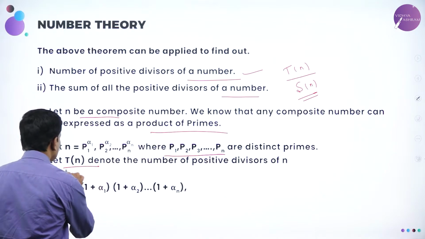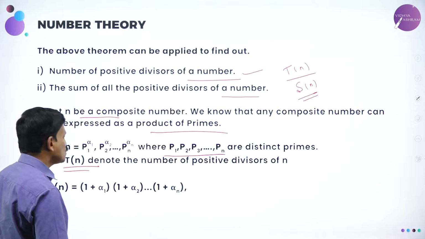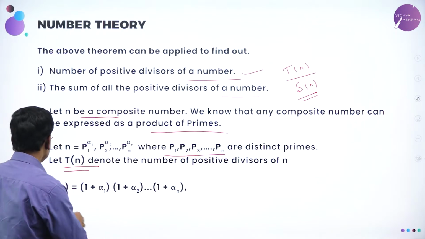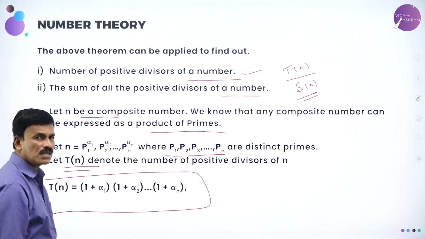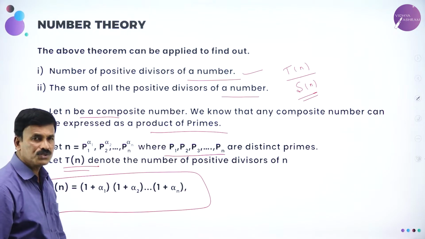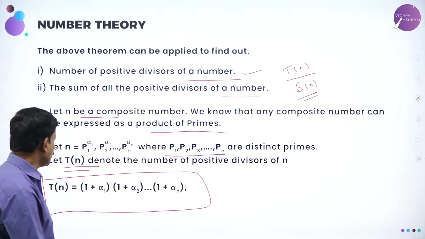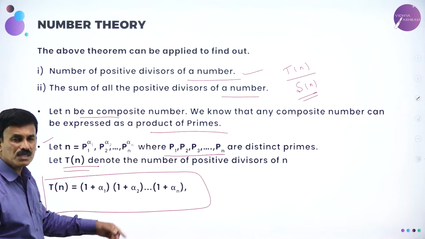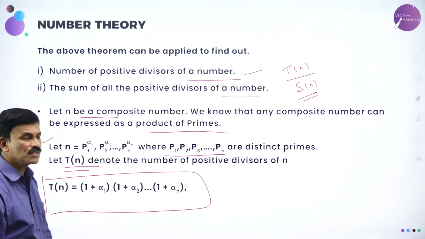T of n denotes the number of positive divisors of n. It is given by T of n equal to 1 plus alpha 1 into 1 plus alpha 2 into 1 plus alpha 3 etc., 1 plus alpha n. This product gives the number of positive divisors of the given number.